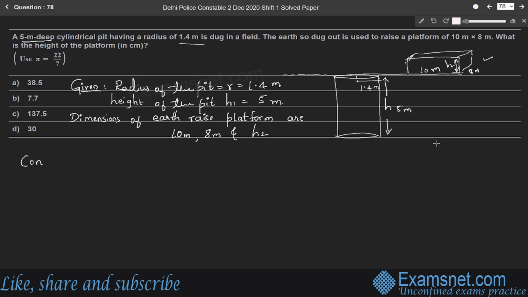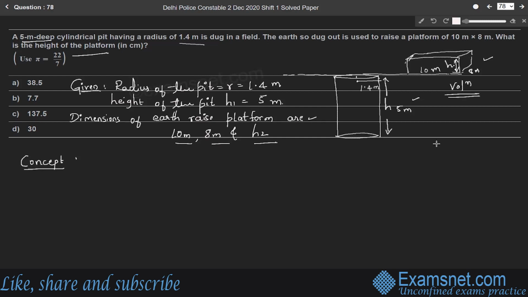So the concept or the formula we are using here is volume of the cylinder. In order to calculate the height of the platform, this is the whole dimension of this cuboid. So the earth raised platform, its dimensions are 10 meter, 8 meter and h2, so that it has a volume, right?